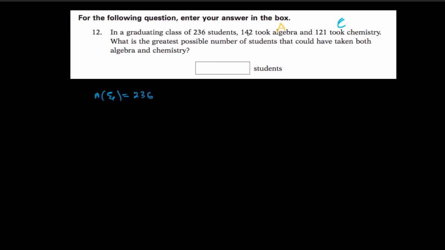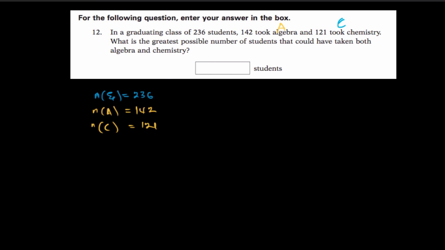I'm also told that 142 of the students took algebra, so the number of students that took algebra is 142. And the number of students that took chemistry is 121.